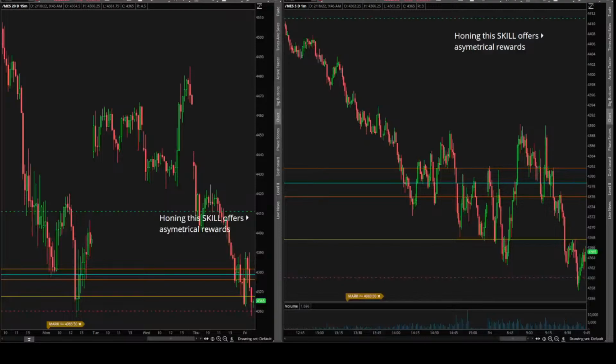So 68 is our first level. Then 70 is probably another level looking at the 15 or the 5-minute chart. 68 and 70. That's where it's got to get above.